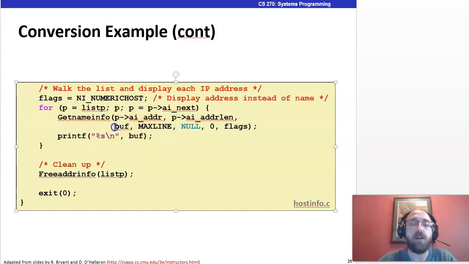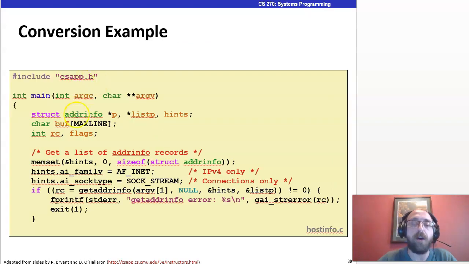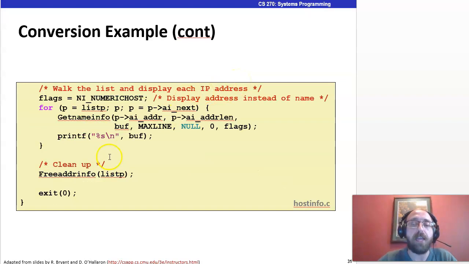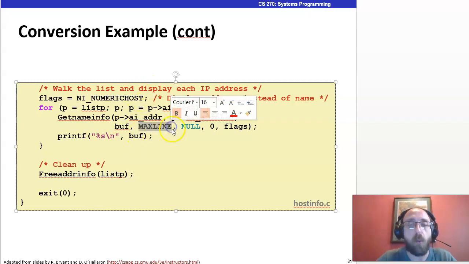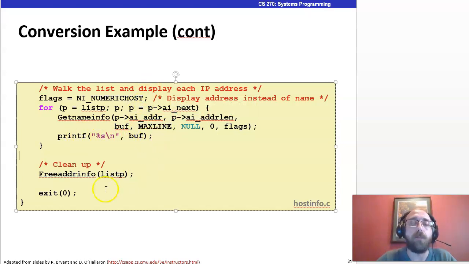So notice that string, we pass in a buffer. We also have to say the length of the buffer, in this case MAXLINE, which is defined in csapp.h, and it will write as much of it as it can to the buffer, being careful not to overflow as long as we specify the right length, and then we'll print it out.